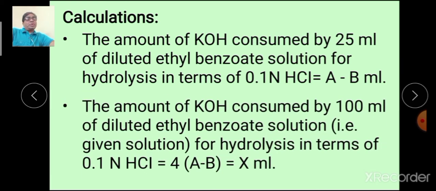The amount of KOH consumed by the 100 ml total volume of the diluted solution: we have pipetted out 25 ml. Total volume is 100 ml, and therefore for 25 ml it is A minus B. For 100 ml, it is 4 times A minus B, because it is a 4 times solution, and therefore it is a capital X cc.